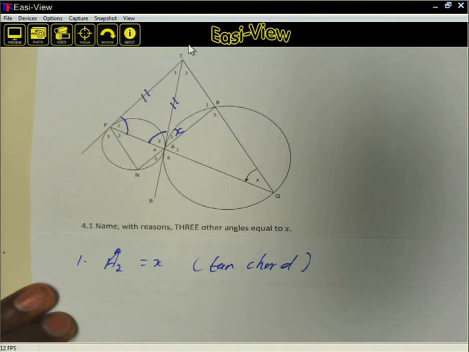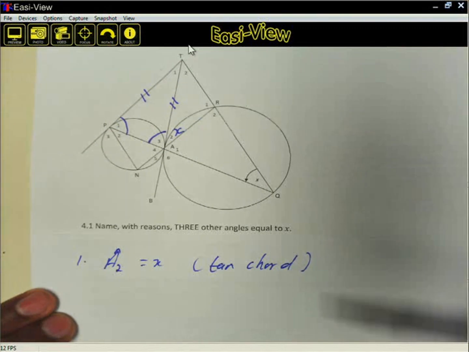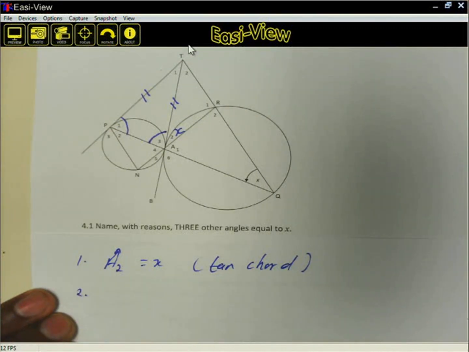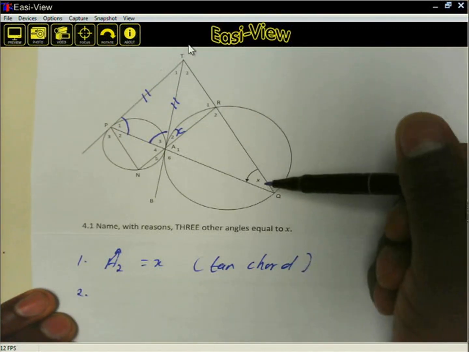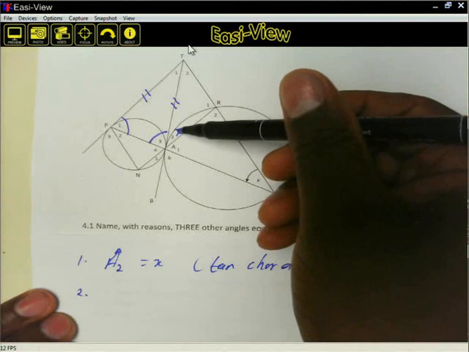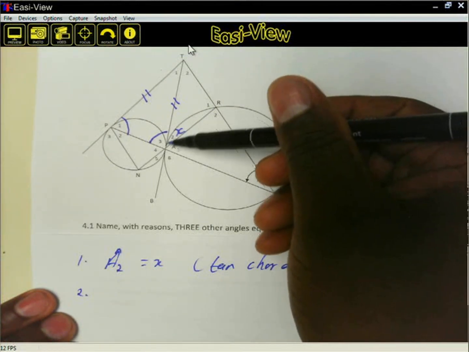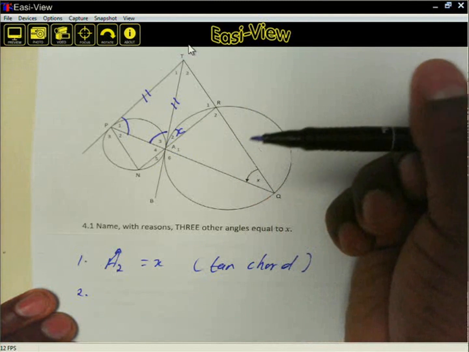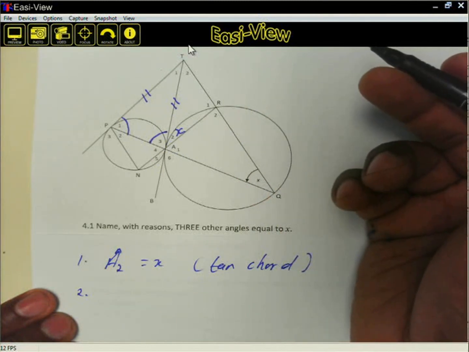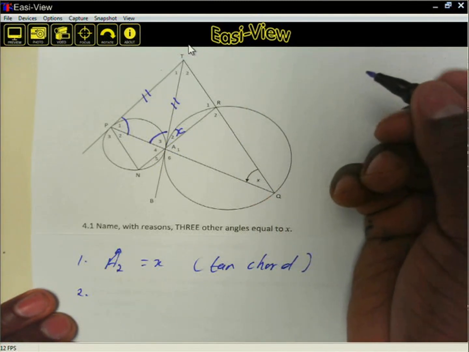The question states name with reasons 3 other angles equal to X. So we already have the first one, A2. The second angle equal to X: we have X here, we also have X here. If you look at A2 and A5, there is a relationship. Those are vertically opposite angles, and vertically opposite angles are always equal.